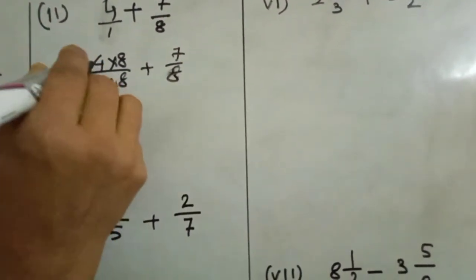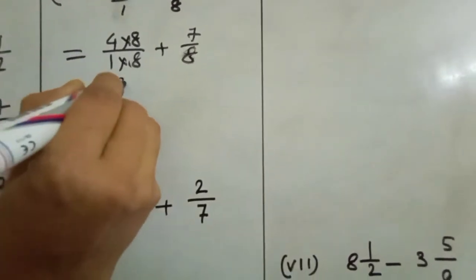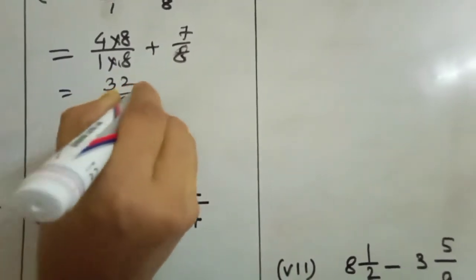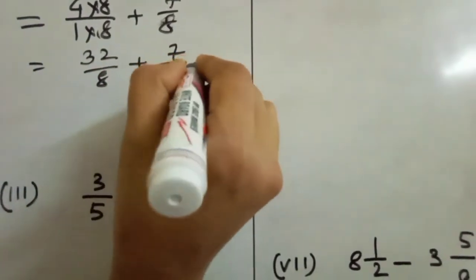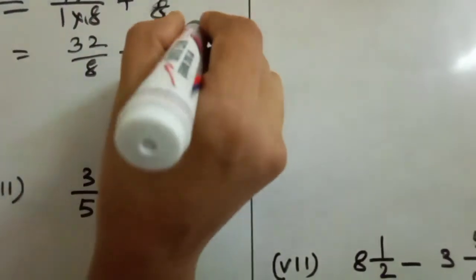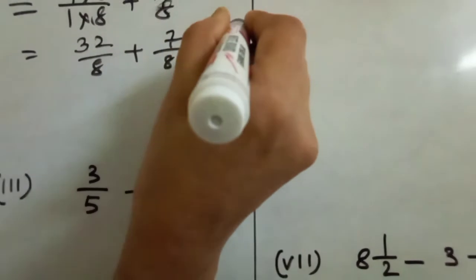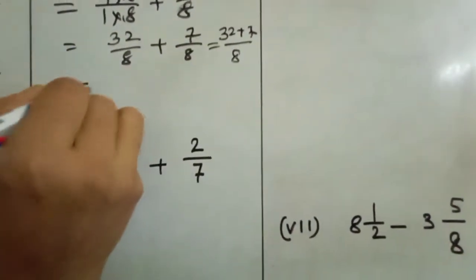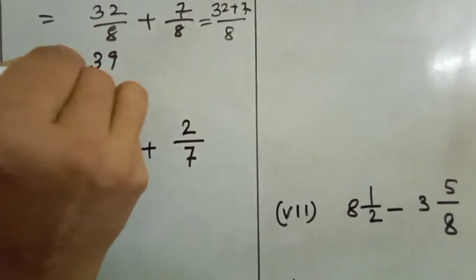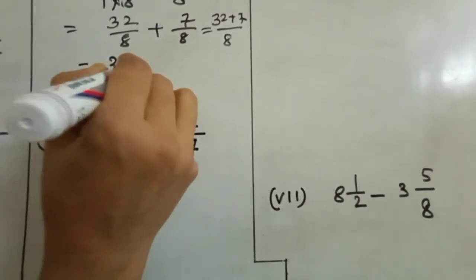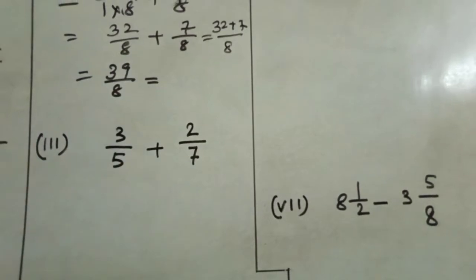Now the numerator: 4 8s are 32 by 8 plus 7 by 8. What will you get? 32 plus 7, 39 by 8. In a mixed fraction, you can express it.